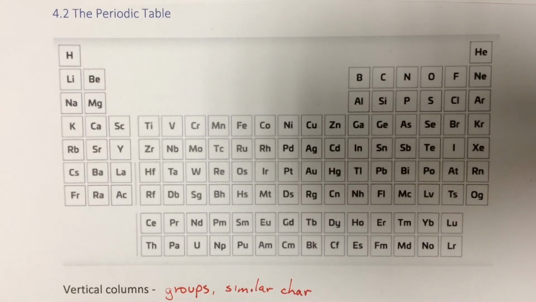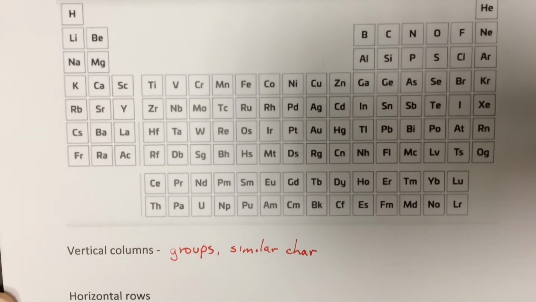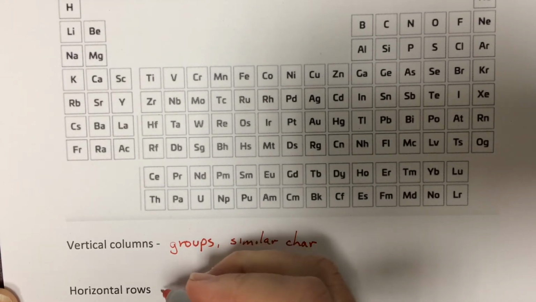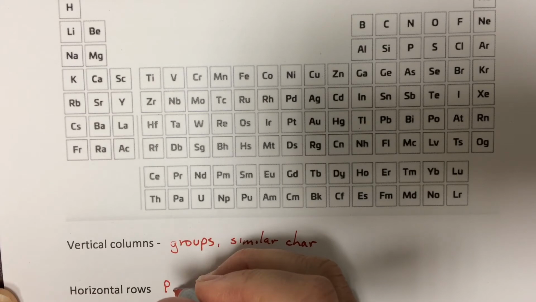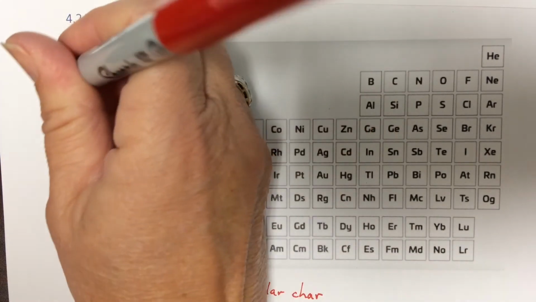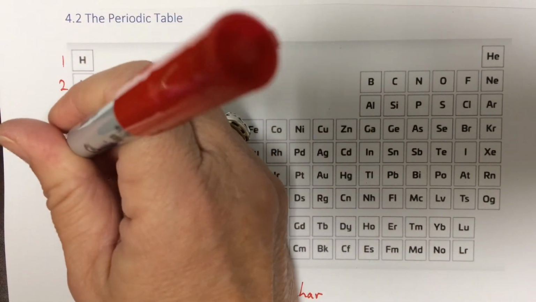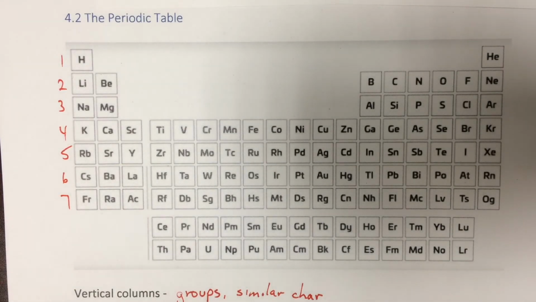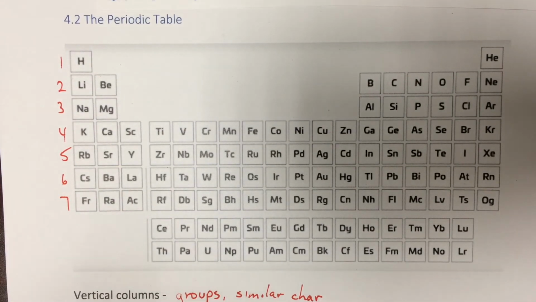The across are the horizontal rows, we call those periods. So we have periods and groups. The periods are numbered 1, 2, 3, 4, 5, 6, and 7. The groups, some of them have names.